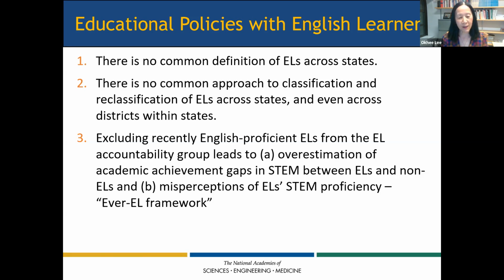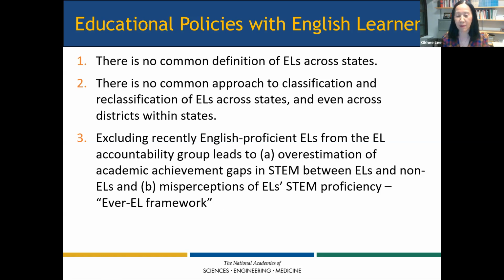The reason why I would like to emphasize it, there is an EVER-EL framework. So when you include English learners, not only those in the EL program right now, but also students who exited and students who continue for 4 years after they exited. That's a federal law. We monitor students, English learners, 4 years after they exit the program.